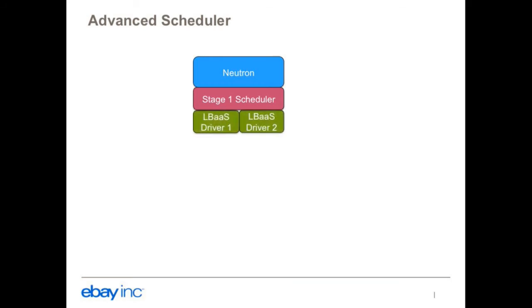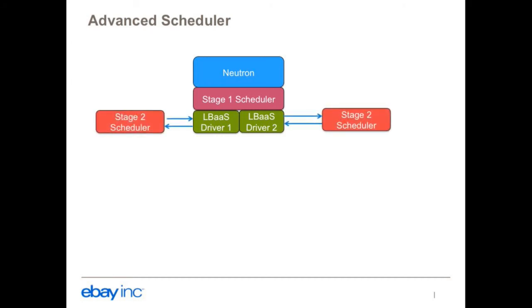We may have multiple drivers, which each signify a different vendor. Each driver has its own scheduler, which will further drill down and see the health of all the LBs, hardware LB or virtual appliance running, and how loaded they are. So it will choose what LB to pick.